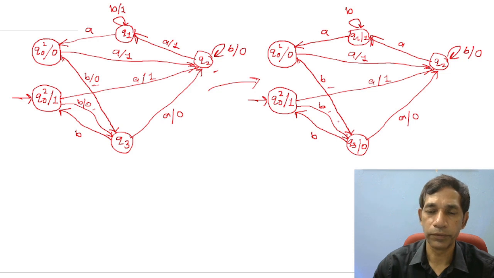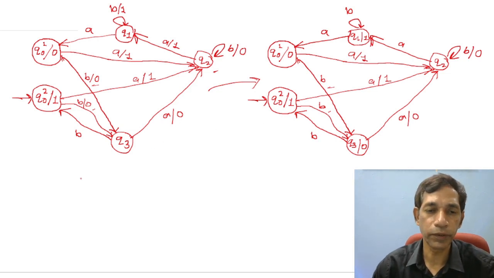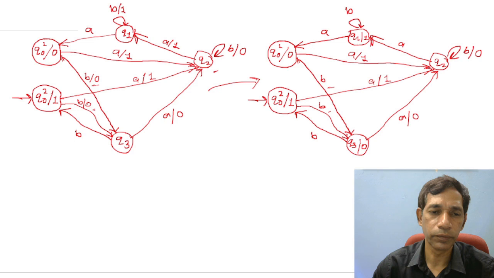Now this is converted. Similarly for the Q3, two edges are coming from the two copies of the initial state Q0, and they are producing the output 0. So only these two incoming edges are there and the output is the same.